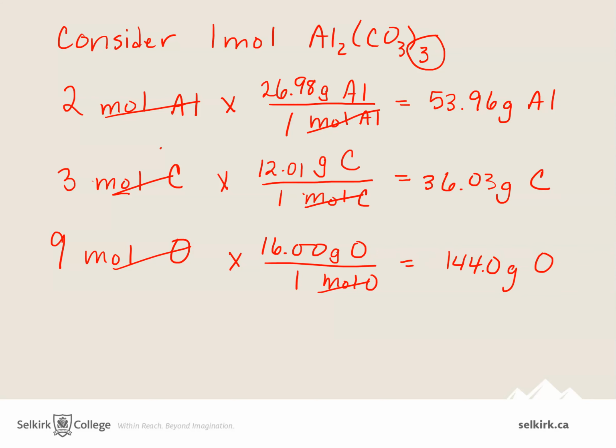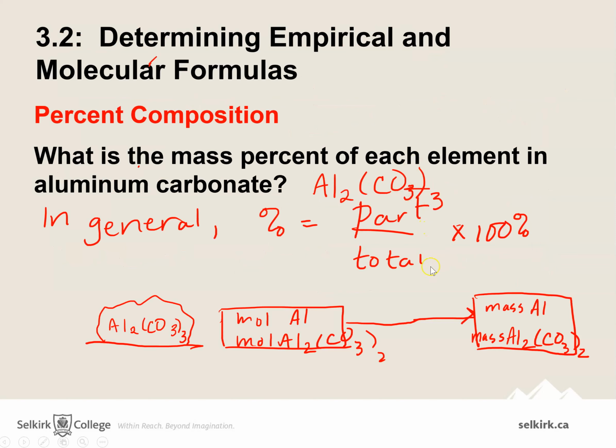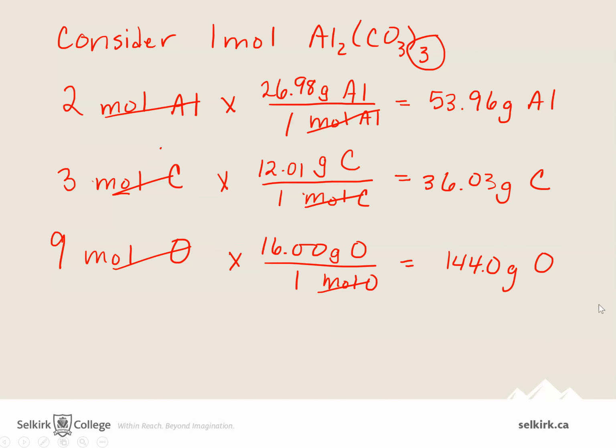Now, when you're solving a multi-step problem, you can get lost. I'm going to go back to my map and see where I am. My map told me that in addition to the mass of aluminum, carbon and oxygen to calculate their percentages, I'm going to need the mass of the compound, aluminum carbonate. And now, with the work I've already done, that's going to be pretty easy.